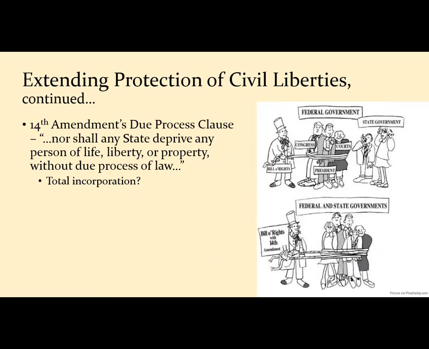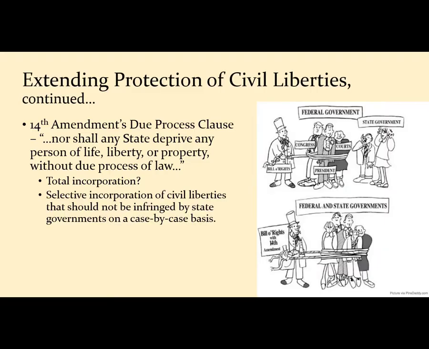The courts haven't interpreted it that way. That would be called total incorporation. Instead, what our federal courts have done is select specific civil liberties on a case-by-case basis and evaluated that liberty and determined whether that liberty is an aspect of due process.